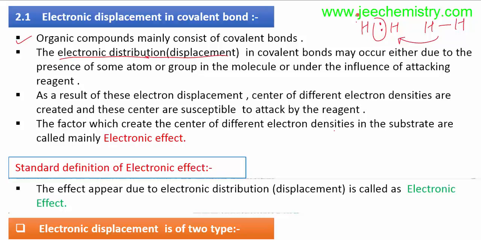Now it looks like this, but after the shift, it may be in the left side, or it may shift to the right side. So there is a shift of this electronic distribution. Here I am showing the electrons as dots, but practically it will not look like this.